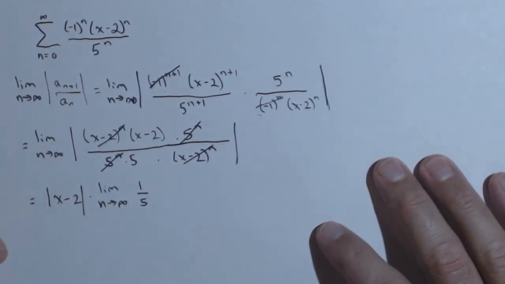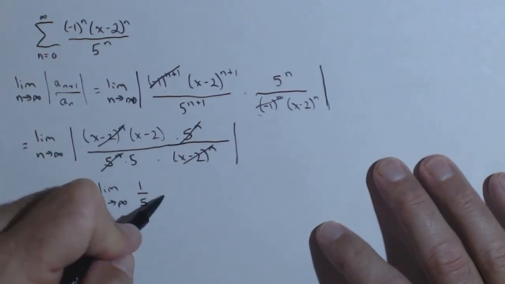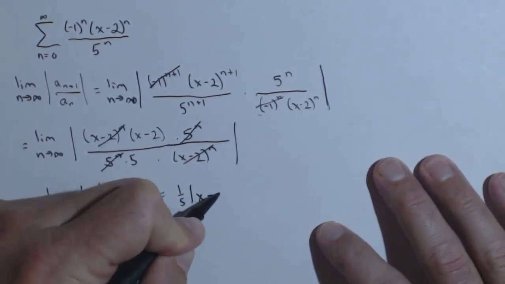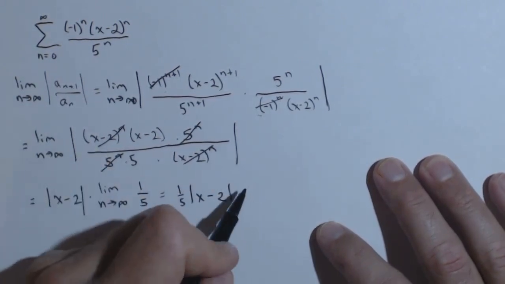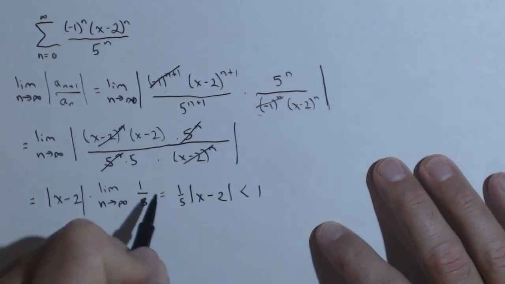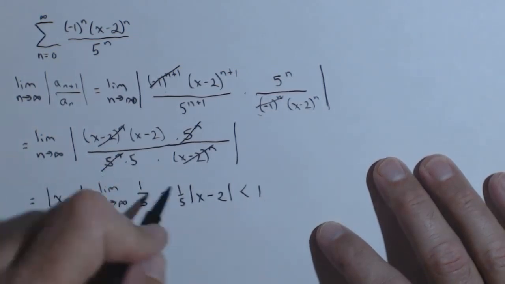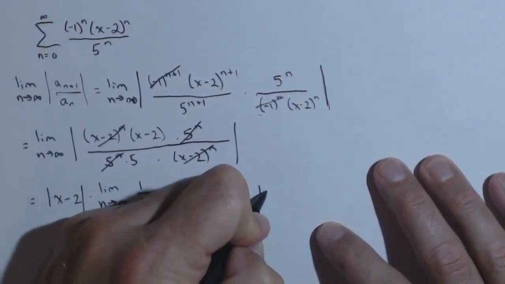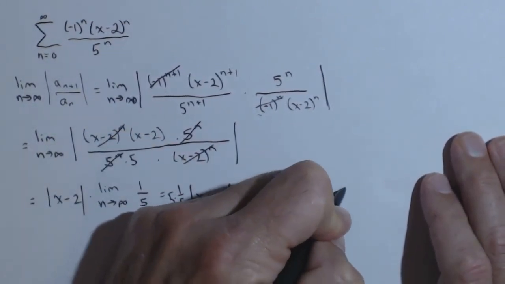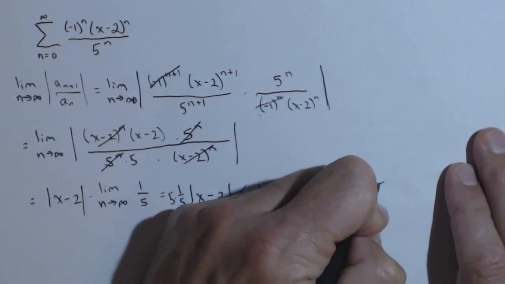And the limit of a constant is just itself. So this equals 1/5 times the absolute value of x minus 2. And our goal is to have this be less than 1. Well, we can multiply both sides by 5, and what that gives us is the absolute value of x minus 2 is less than 5.